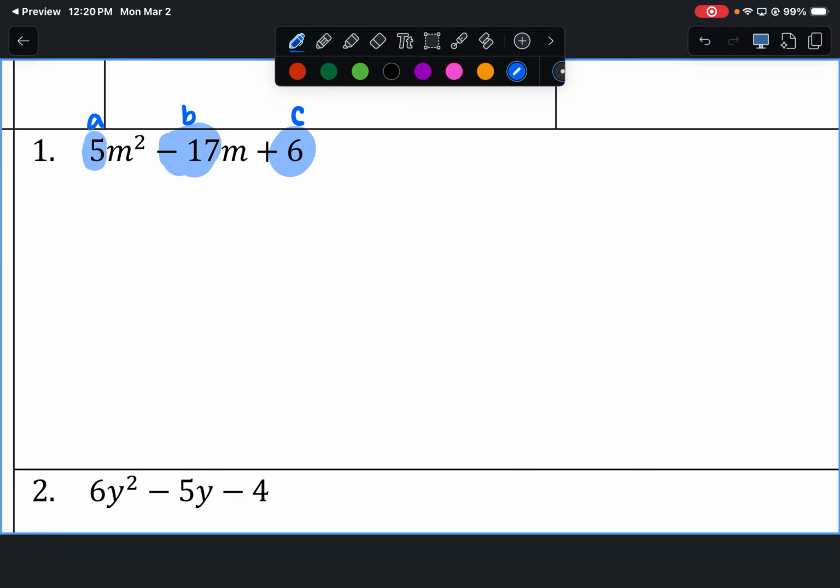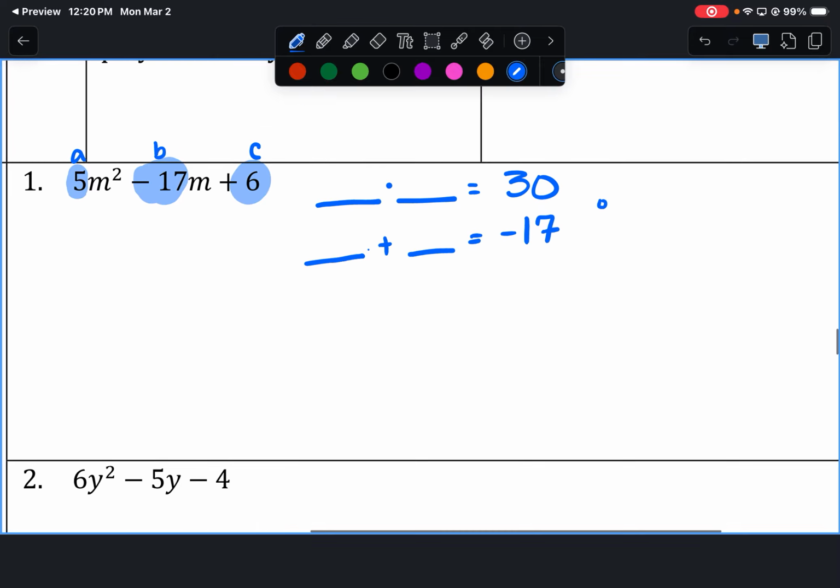So what we have to do is figure out what multiplies to give us A times C. What is A times C? 30. Okay, and what adds to give us our B? What is our B? Negative 17. So you can write it like this, or you can set it up the same way they did in the X Games and do multiply to give you 30, add to give you negative 17.